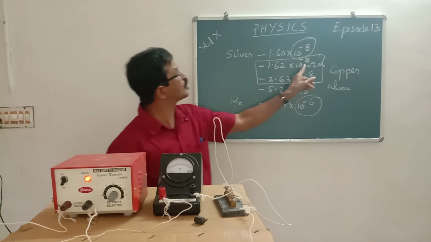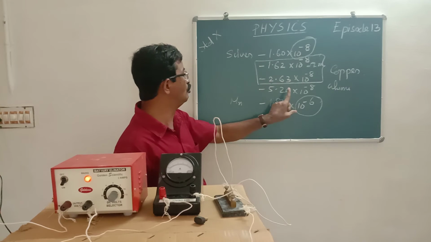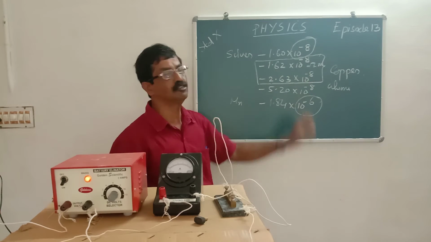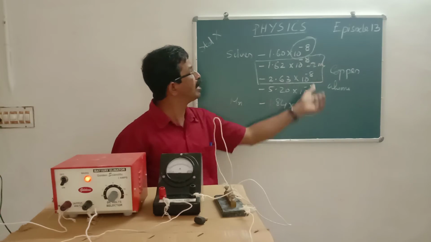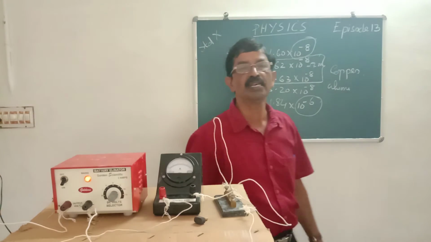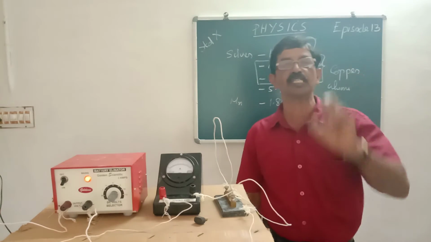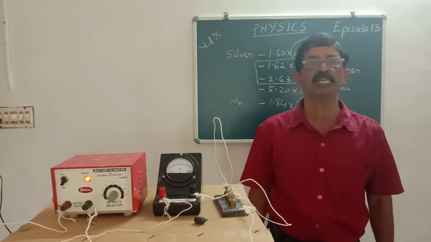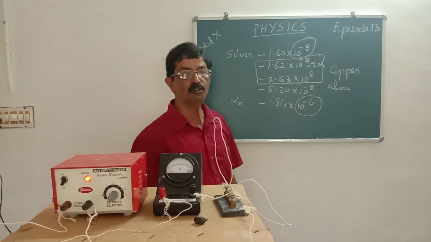See, 1.62 into 10 raised to minus 8 for copper, and for aluminum it is 2.63 into 10 raised to minus 8. Among these two, we use them for making electrical lines or transmission lines. That is, copper and aluminum wires are used.